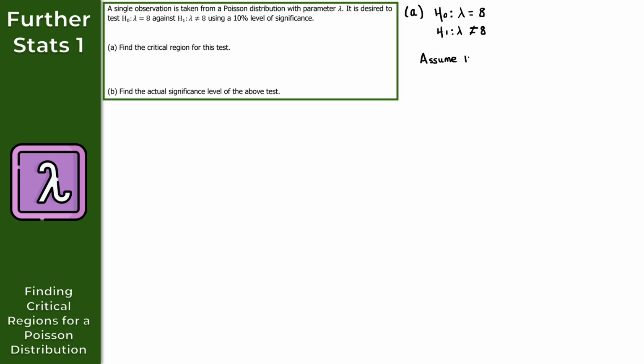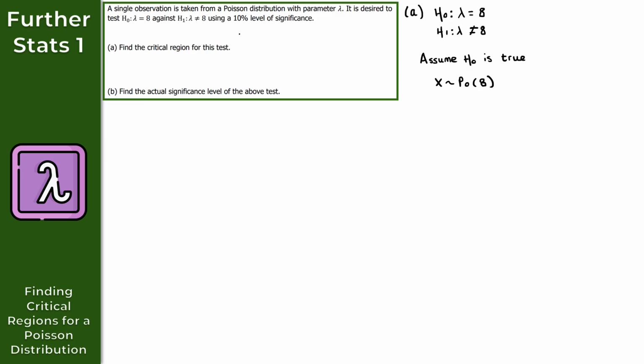The reason that we do this is because we now have our random variable, let's call this X, which will follow a Poisson distribution with parameter lambda. However, if H0 is true, our parameter lambda is equal to 8.